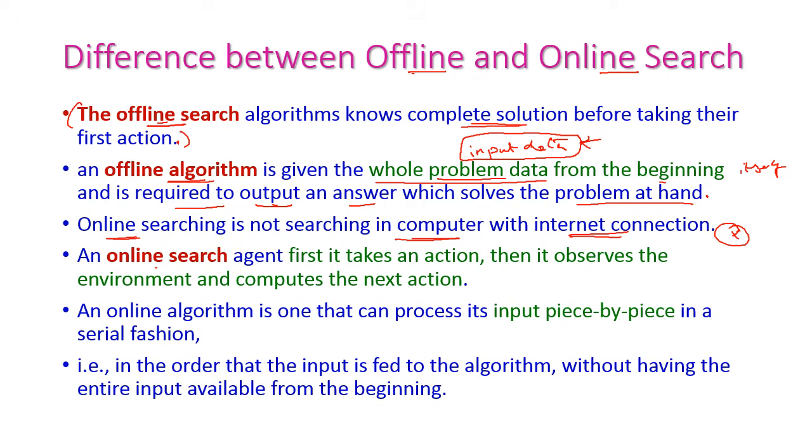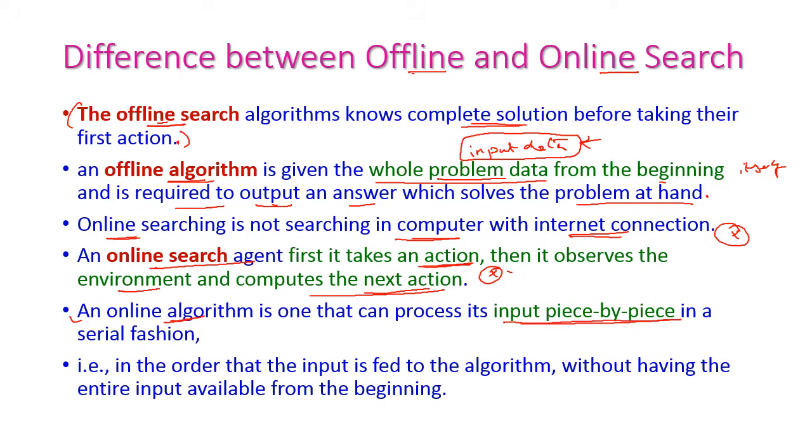these algorithms, that is online search algorithms, first take an action, then observe the environment and compute the next action. And here in an online algorithm, it accepts the input only piece by piece.